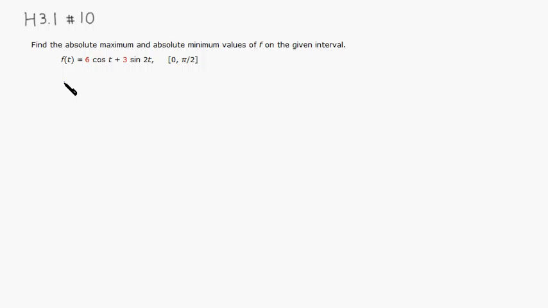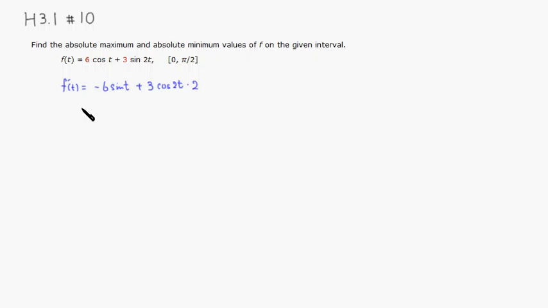When we take the derivative, f prime of t, the derivative of 6 cosine of t is negative 6 sine of t. And the derivative of 3 sine of 2t would be plus 3 cosine of 2t, but you have to multiply by the derivative inside, which in this case is 2.